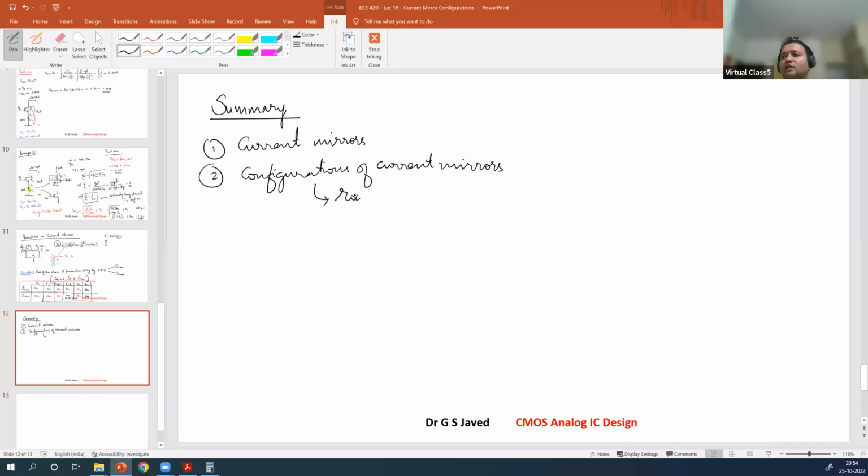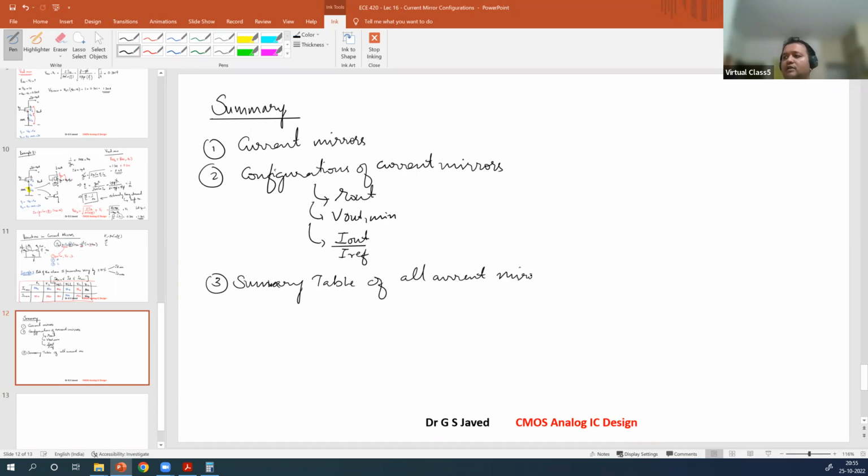We checked what is the R out. We checked what is the V out min, that is the swing that will get affected. Finally, we checked what is the I out by I ref ratio. How does that get impacted? Then we created a summary table of all current mirror configurations.